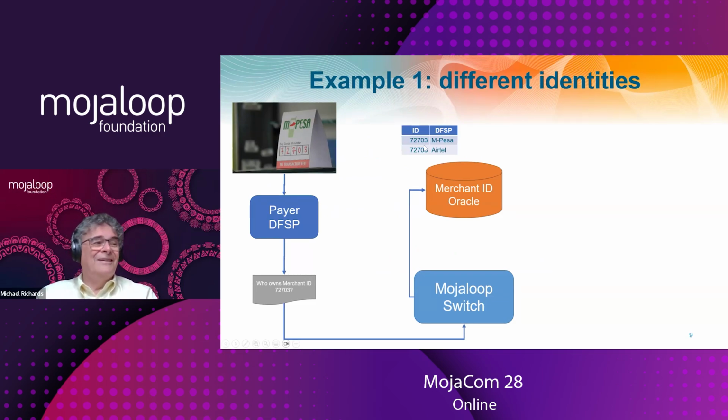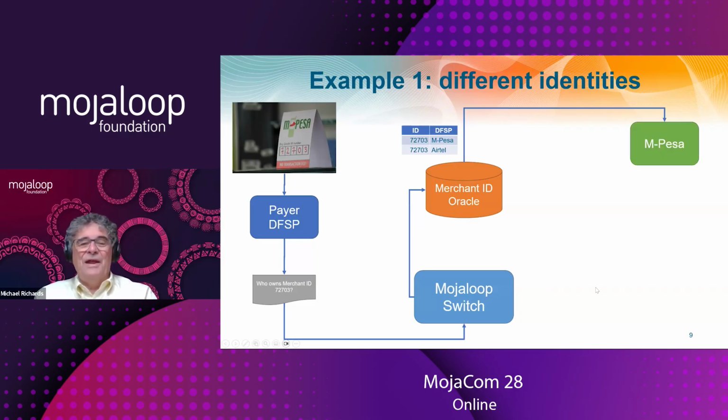Oh no, it now contains duplicates, one belonging to M-Pesa and one belonging to Airtel. So now the merchant ID oracle sends one response to M-Pesa and another response to Airtel.